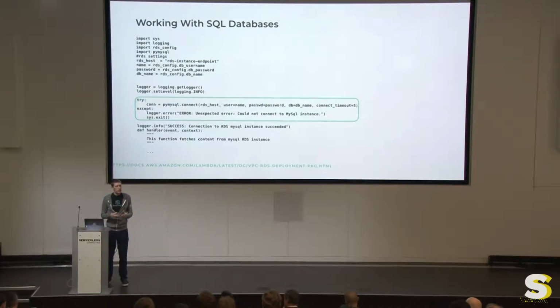So what they suggest here is, instead of creating a connection on every invocation of your function, you should create a connection when your function is first initialized at that cold start time. And it's a really cool technology that they've implemented here.